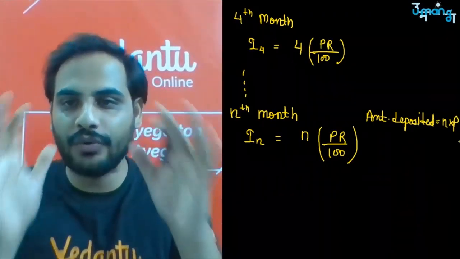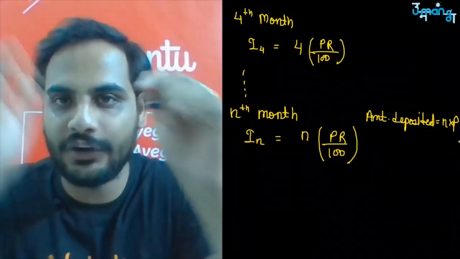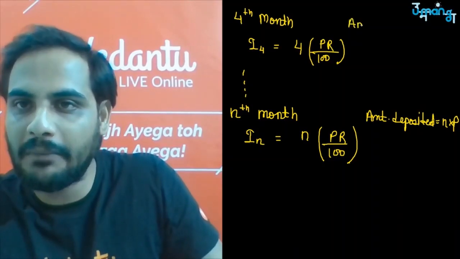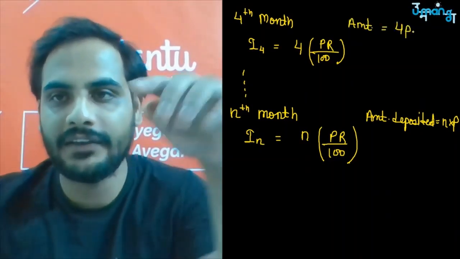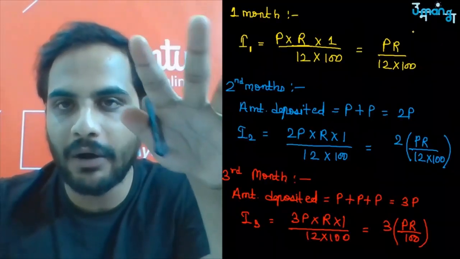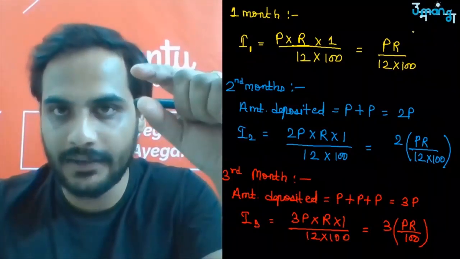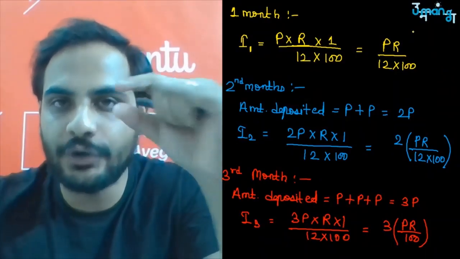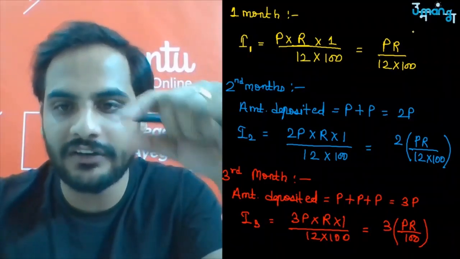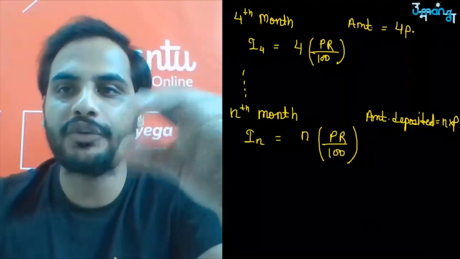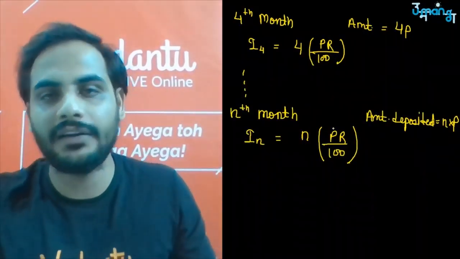So the amount on which interest will be calculated will be n into P. In the fourth month, the amount on which you will be calculating interest will be 4 into P. First month you calculated on P. By second month you have deposited 2P amount, so we are calculating interest on 2P. By third month 3P amount, so interest is calculated on 3P. Fourth month interest is calculated on 4P, and on nth month interest will be calculated on nP.